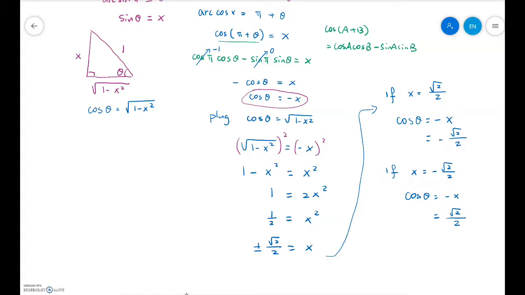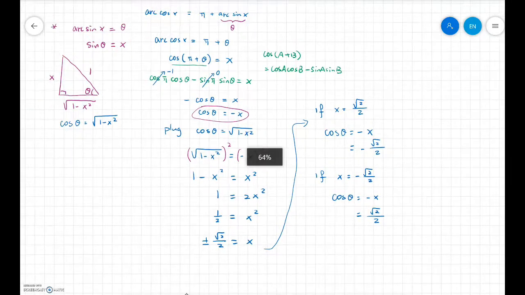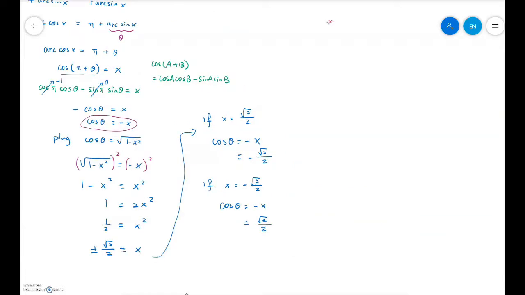How do I know which answer is correct? I need to go back to the domain and range definitions for the inverse functions. We have two inverse functions. The first one, arc sine of x equals theta, tells me theta is between negative pi over 2 and pi over 2.